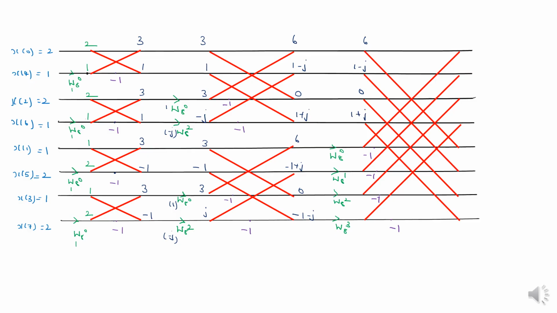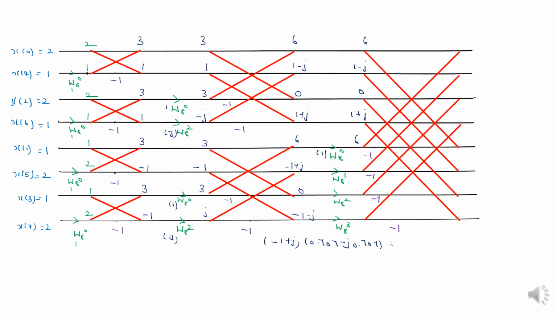Now we have 6. It is multiplied with the twiddle factor value. Its value is 1. So 6 into 1 is 6. W suffix 8 power 1 is given by 0.707 minus j 0.707. So you need to multiply minus 1 plus j with 0.707 minus j 0.707.